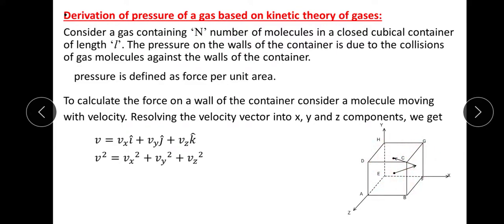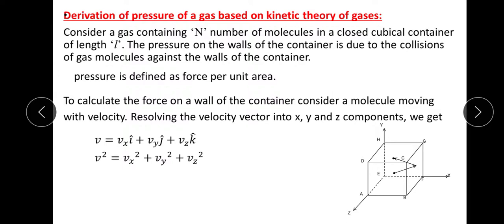We know from the kinetic theory of gases that the molecules are under random motion. While moving, these molecules can undergo collision with each other as well as with the walls of the container. If the molecules collide with the walls of the container, they exert a force on it.